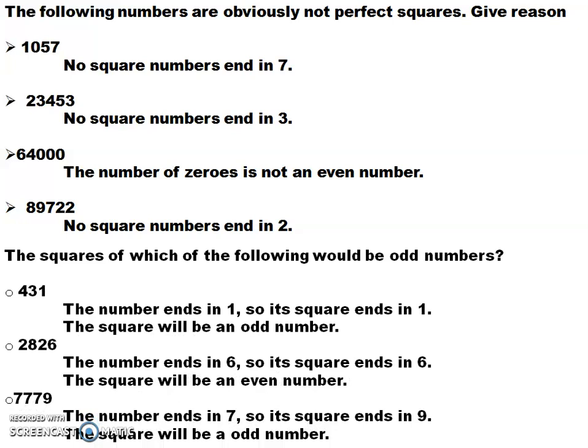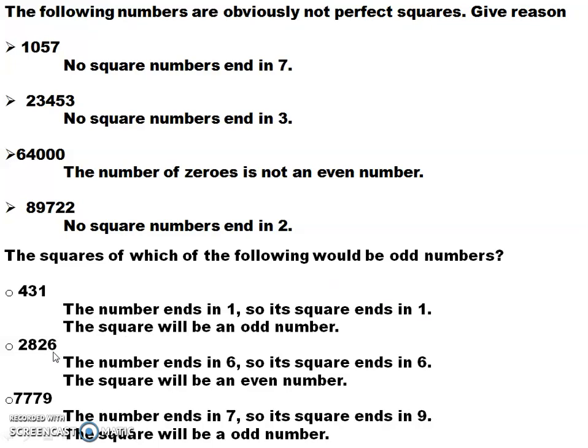The squares of which of the following would be odd numbers? This question depends on the previous slide. If the number ends in 1, what will be the square? The square will end in 1. If the number ends in 1, its square will end in 1, so it is an odd number.